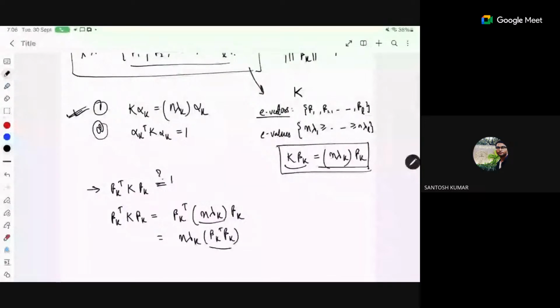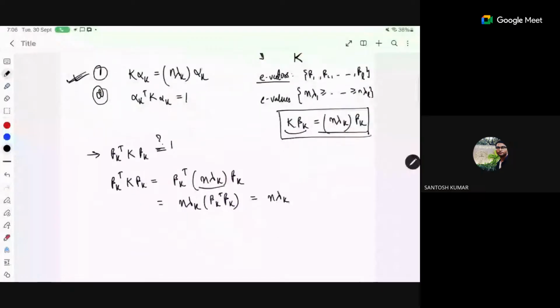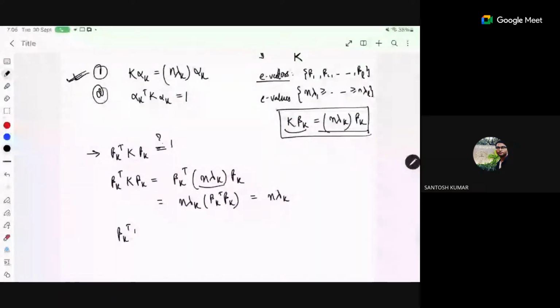But again, beta k length has to be equal to 1. That is what we have assumed. So this is nothing but n of lambda k. So what we got is that beta k transpose K beta k is not equal to 1, but it is equal to n lambda k.